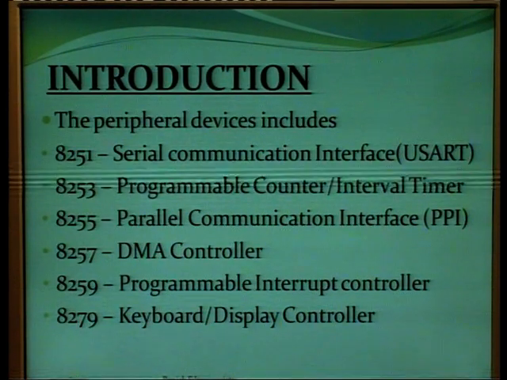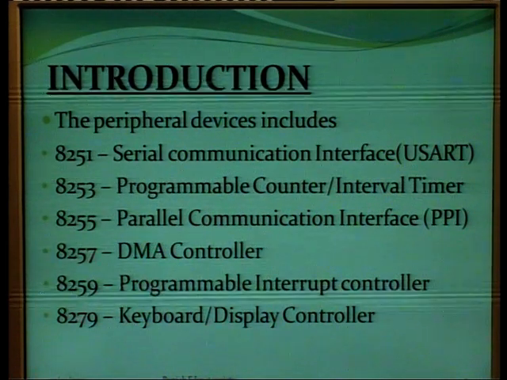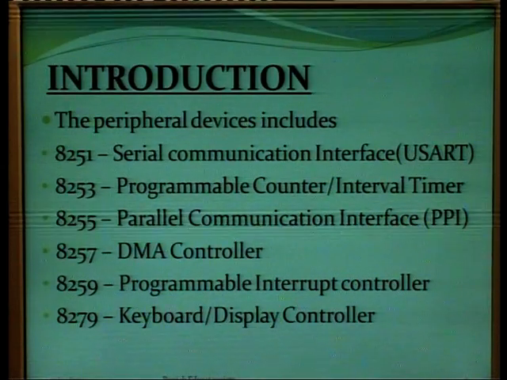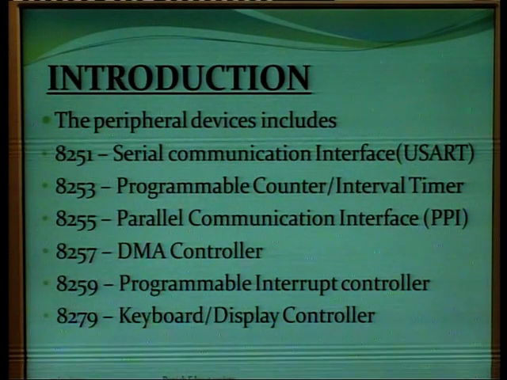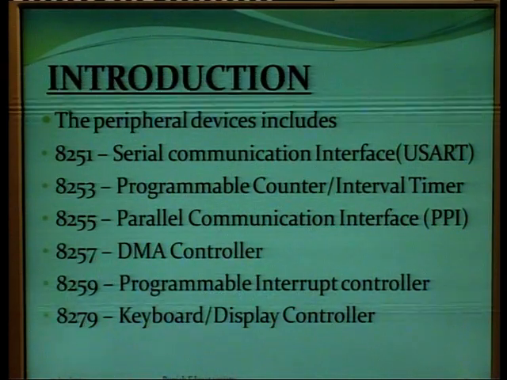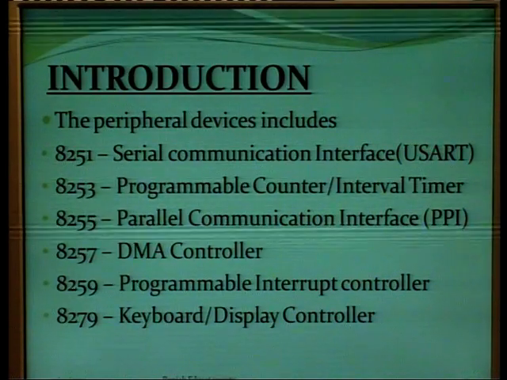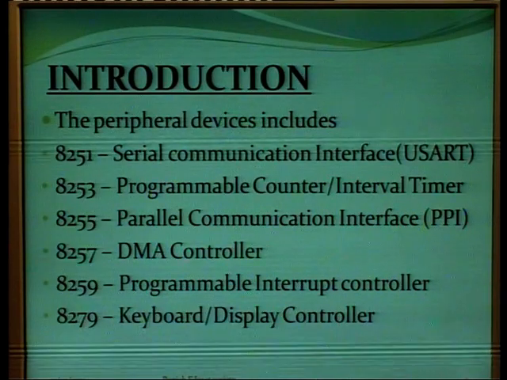Then 8257, that is DMA controller. 8259, that is programmable interrupt controller, and the sixth one is the 8279, that is programmable keyboard and display controller. So, one thing is common in all these devices, that these devices are programmable. We can program them according to our use, according to our need.